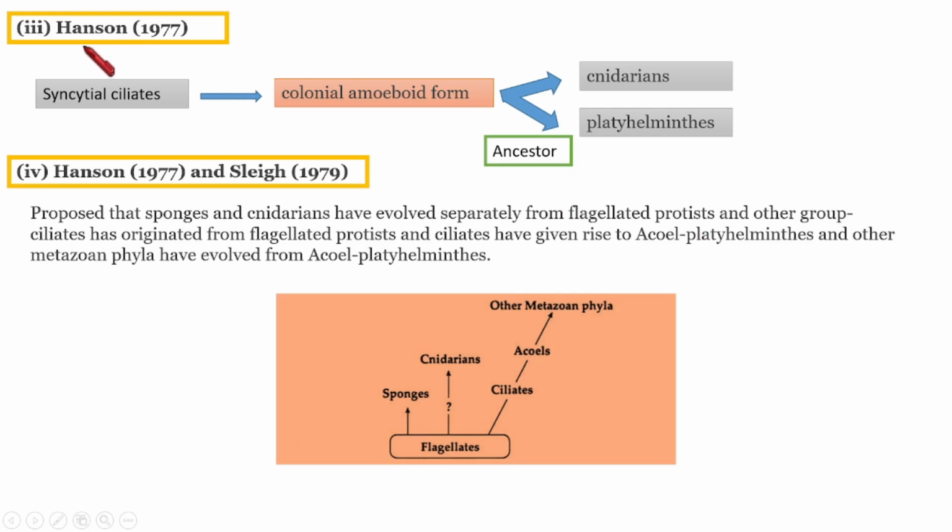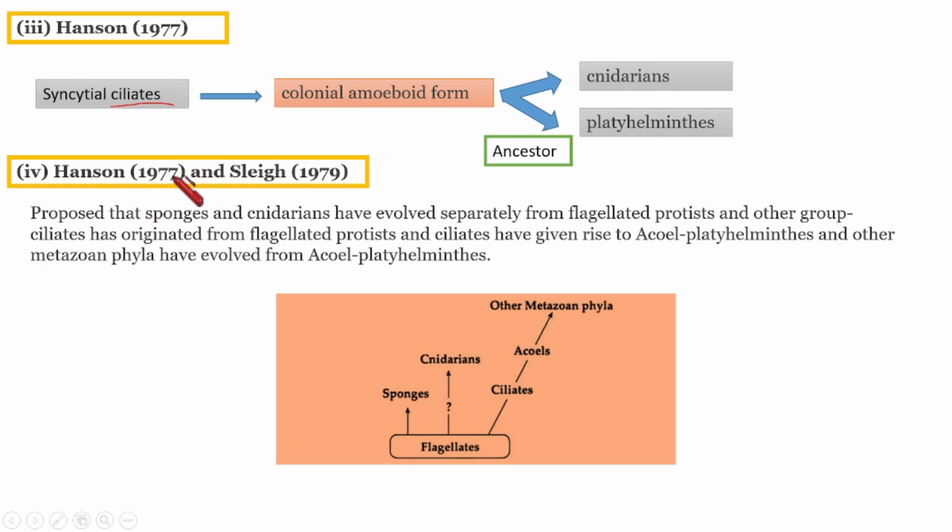Next scientist is Hadzi in 1977. He proposed that the metazoans emerged from syncytial ciliates, and from them emerged the colonial amoeboid form, and this colonial amoeboid form stands as the ancestor of all the cnidarians and platyhelminths. That is his concept.